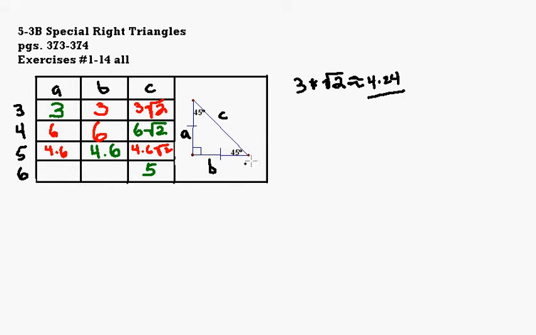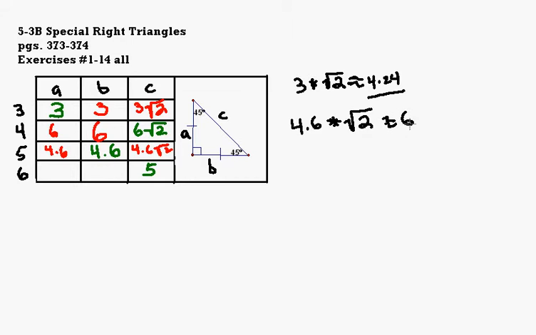Again, to find the decimal approximation, I'd go over here and compute 4.6 times the square root of 2, and performing that multiplication, I get approximately 6.51.